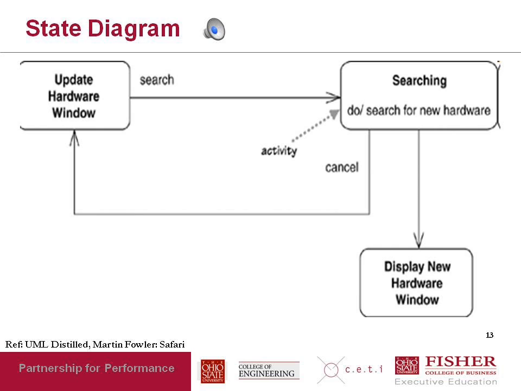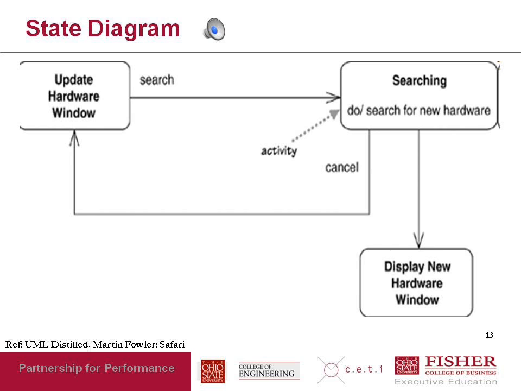So in this case, it's showing the dynamic behavior of an entity, say for example, the user interface component of a system. Further, the dynamic behavior of this entity must be representable as a state machine.